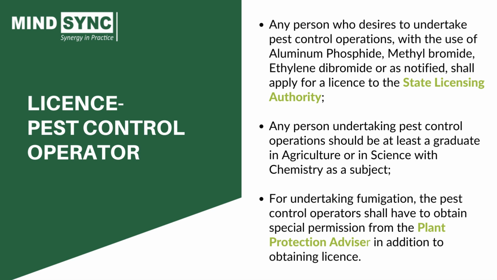Pest control operators should be at least a graduate in agriculture or in science, with chemistry as a subject. For undertaking fumigation, which is a process of using chemical smoke to kill pests, the pest control operators shall have to obtain special permission from the plant protection advisor, in addition to obtaining a license.